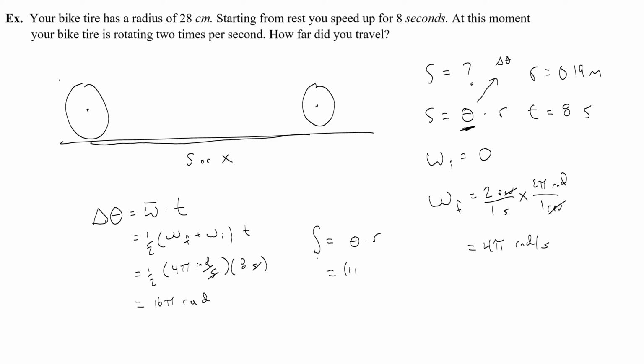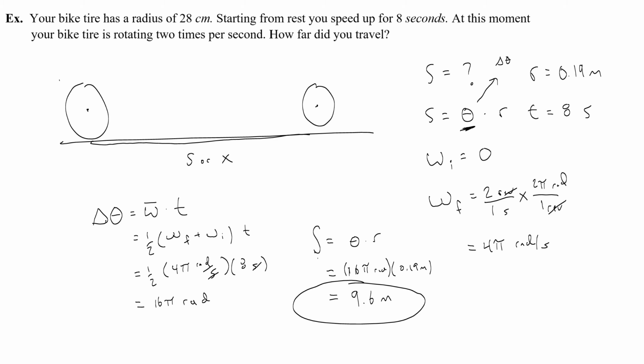So 16 pi radians times the radius of 0.19 meters, and that is going to give you 9.55, we'll say 9.6 meters. So that's how far you've traveled in that 8 seconds.